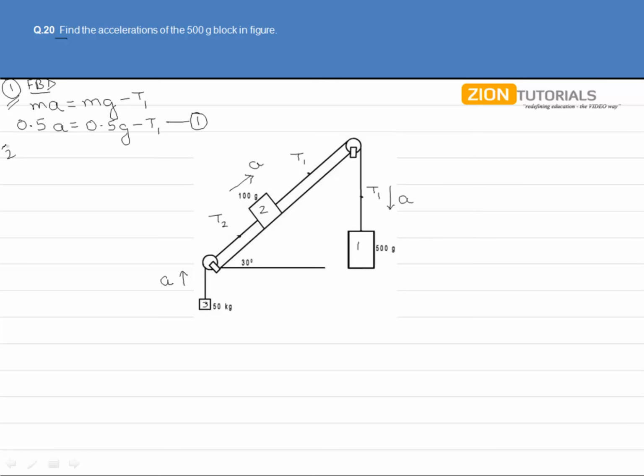Now, let us work with block 2. Framing the equation along the block, we all know that an mg force is acting in the downward direction. So, let us draw the FBD for this first.